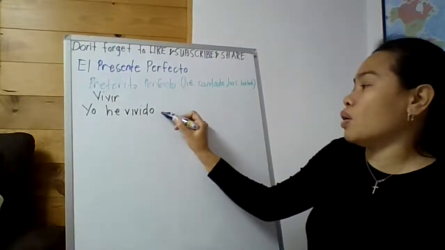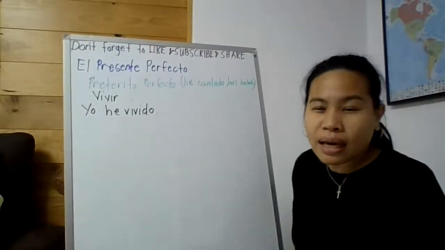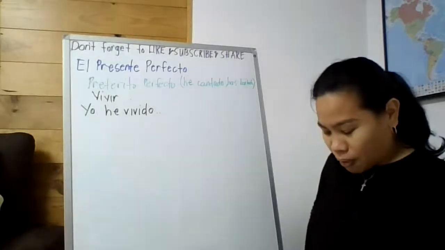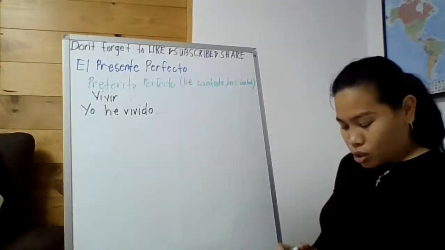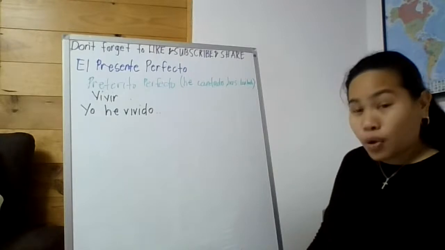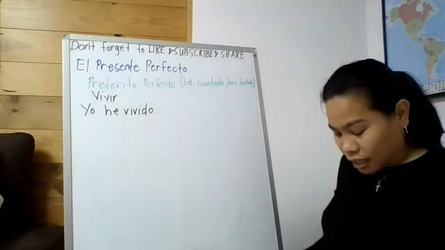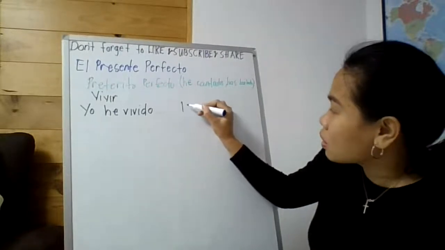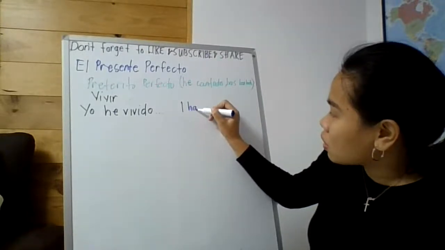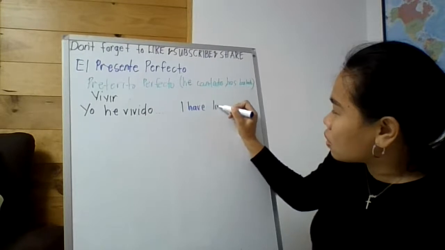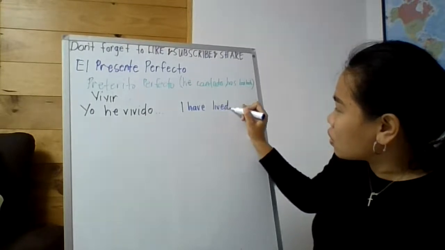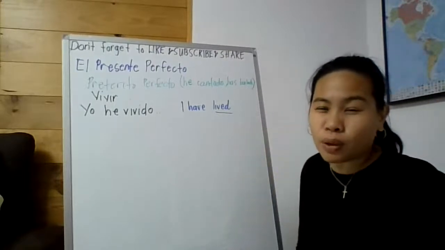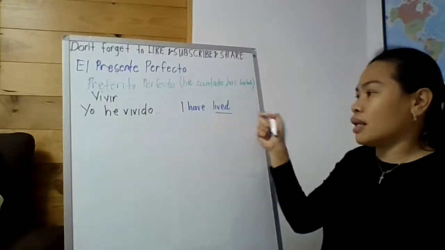Yo he vivido, for example, aquí en España. Yo he vivido aquí en España. So, if you are going to translate that in English, I have lived. I have lived in Spain, for example, no? I have lived in Spain.